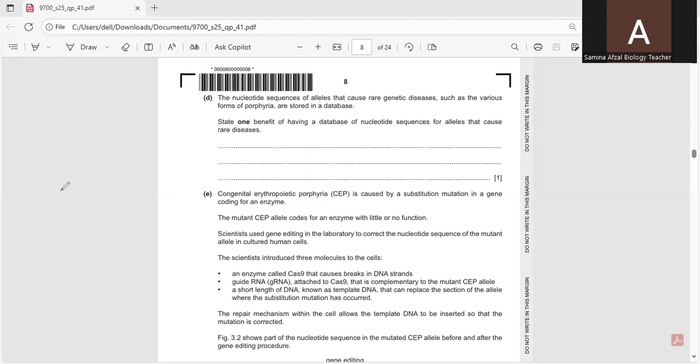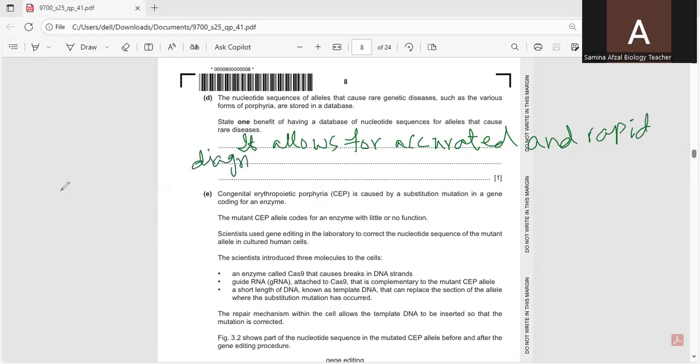The most significant benefit of having a database of nucleotide sequences that cause rare disease is that it allows for accurate and rapid diagnosis.